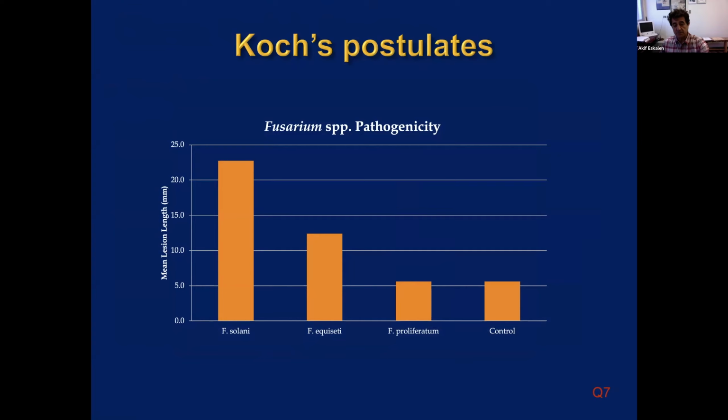Other Fusarium species also showed some degree of aggressiveness compared with the control. That also showed that the Fusarium species we recovered from the field survey are pathogenic to citrus in this trial.